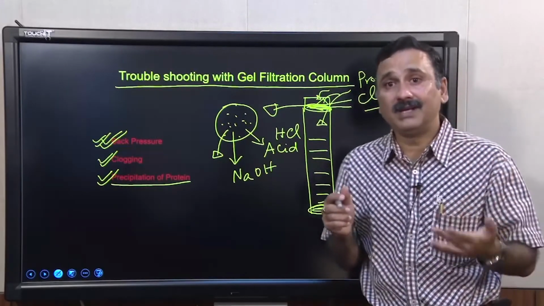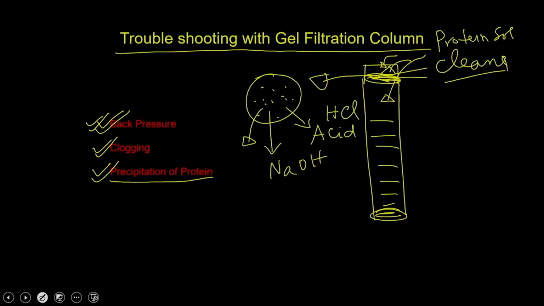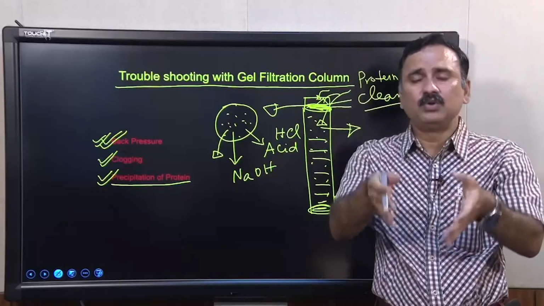Once the protein precipitates, it is going to be distributed throughout your column instead of being localized in a few beads or pores.